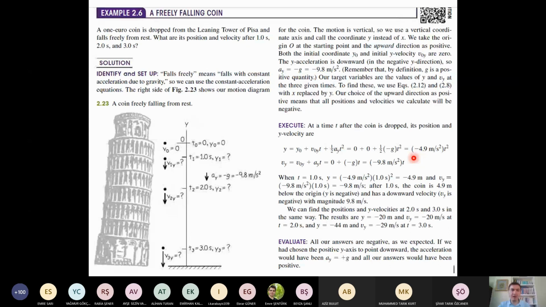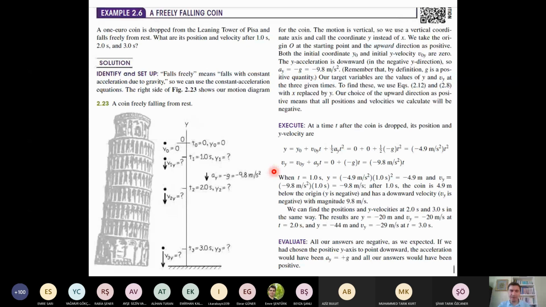And then what about the velocities for different times? Again, you can use this relation. First equation for the motion with the constant acceleration, Vy is equal to v0y plus ay times t. This is 0 because initial velocity is 0.